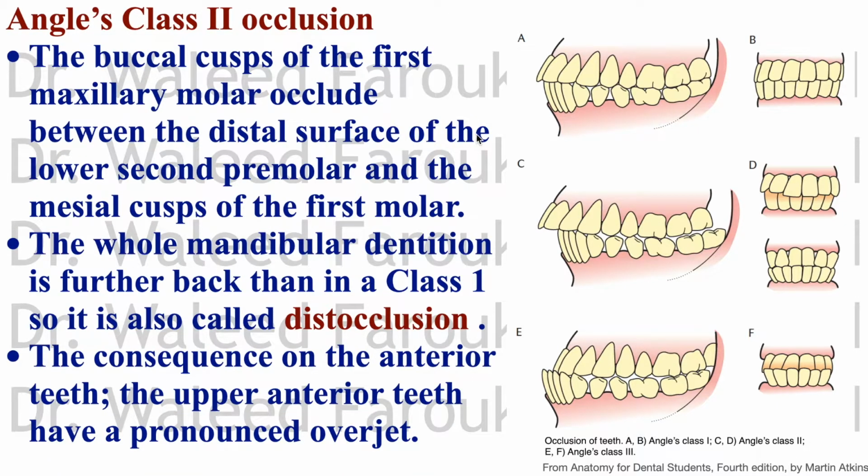Angle's class 2 occlusion. The buccal cusps of the first maxillary molar occlude between the distal surface of the lower second premolar and the mesial cusps of the first molar, as you can see here.